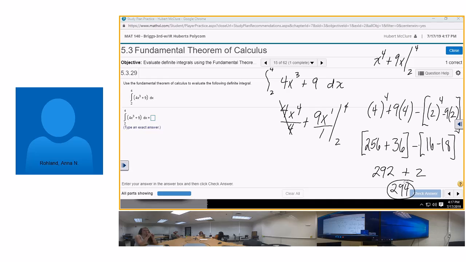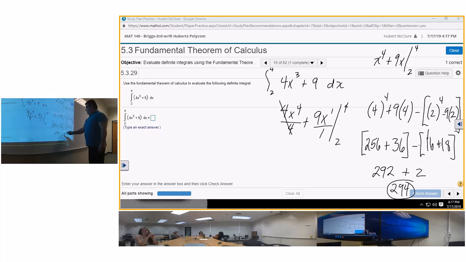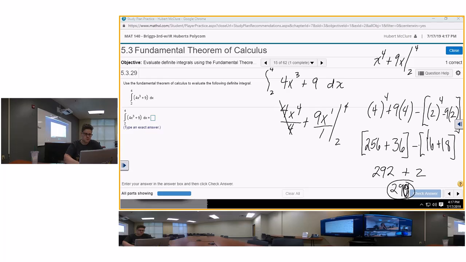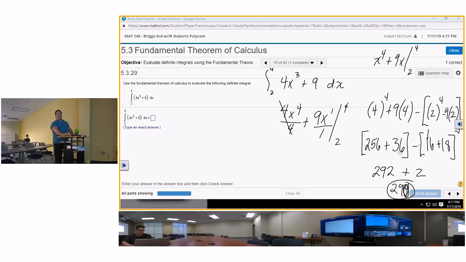Where did I get the minus from? You did negative 9 times 2. I don't know why I did that. Okay, thank you. So it'd be 290. No, it's 258. Then 256 plus 36, what does that come out to be? 292.